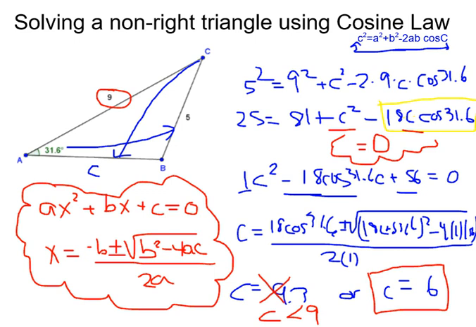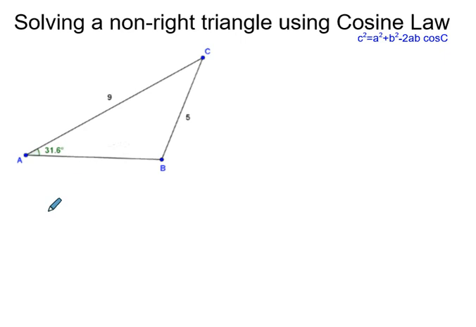So now we're looking for angle B. If we start again with our picture, now we know this side is 6. We're looking for angle B here, so we can use again the cosine law. If I'm looking for angle B, I'm going to have to start my rule with the opposite side.